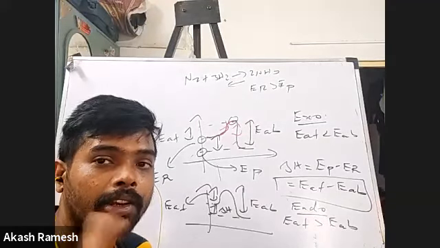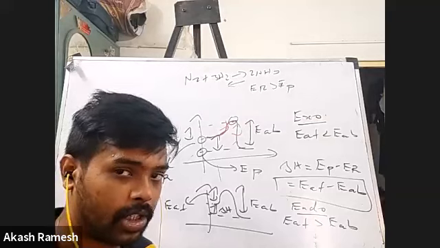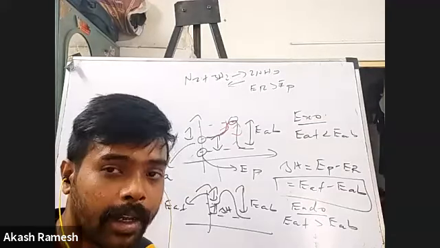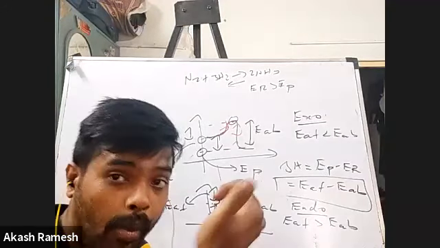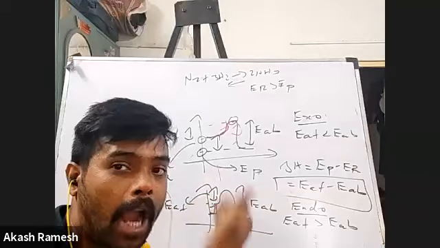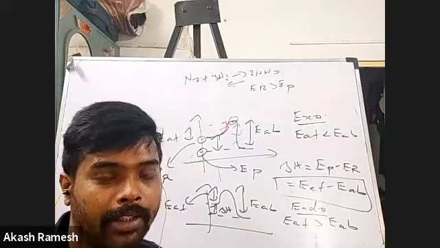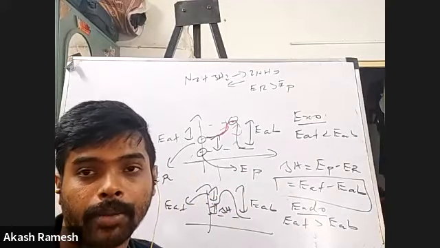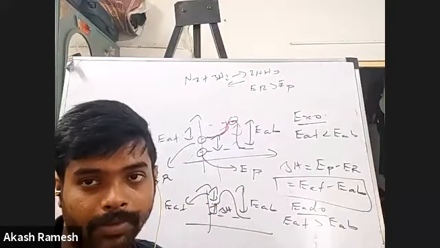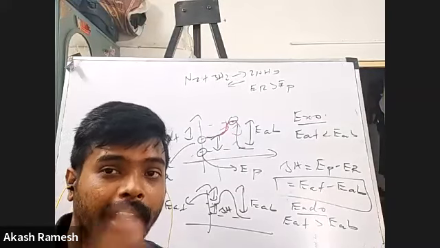Okay, so either you speak in terms of energy of reactants and energy of products, or you speak in terms of activation energy for the forward reaction and the activation energy for the backward reaction. Either way, you will be able to calculate the enthalpy values and decide whether the reaction is going to be exothermic or endothermic. Okay, guys, any doubts?